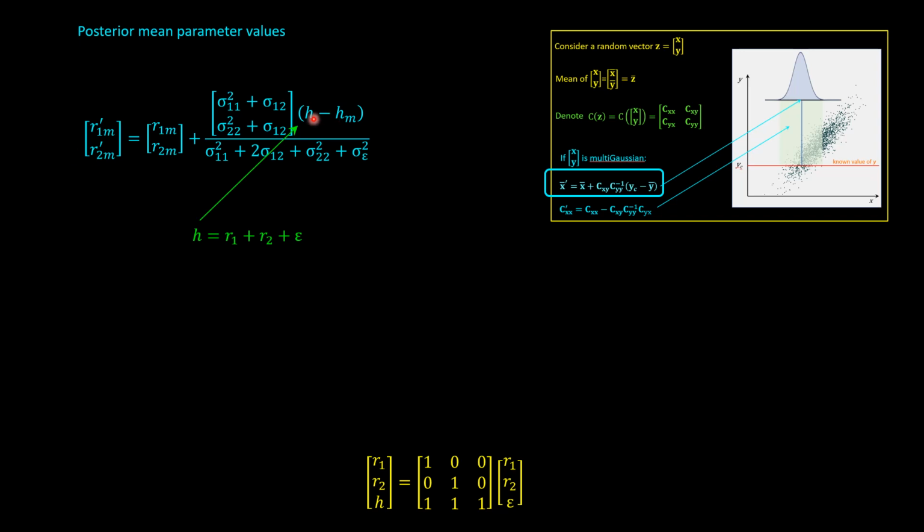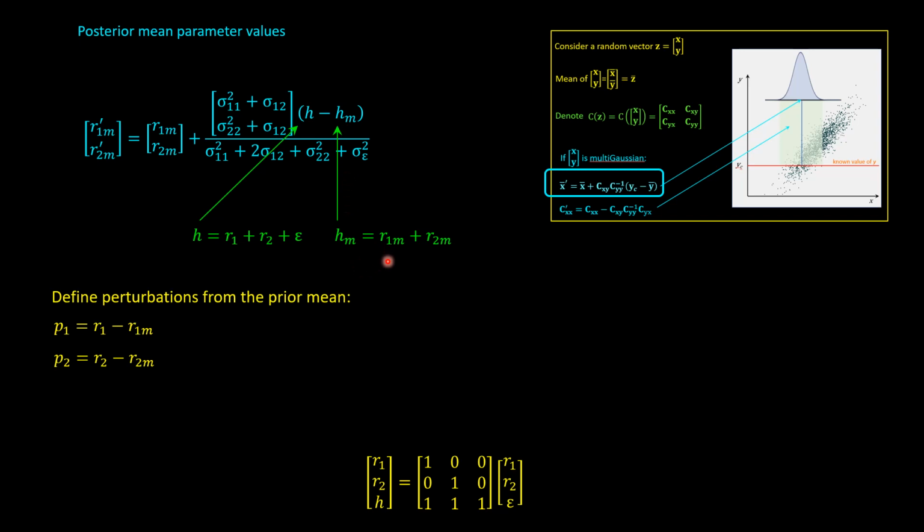Firstly, the head measurement is equal to R1 plus R2 plus epsilon. The prior mean head is equal to the sum of the prior mean values of R1 and R2.